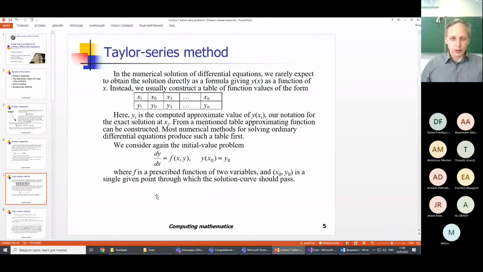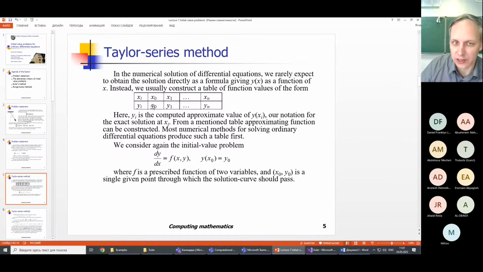Let's continue our lesson. I share the screen. We stop here, at this point, that we have a differential equation. We cannot solve it by standard technique.